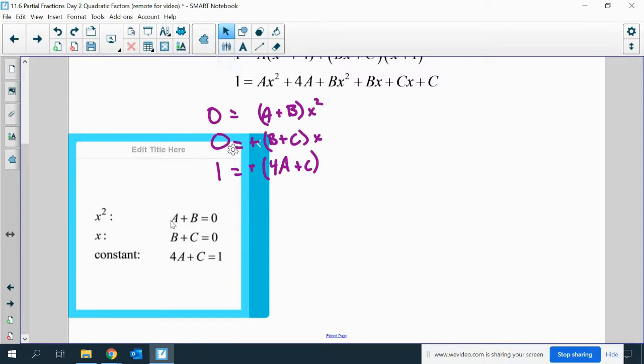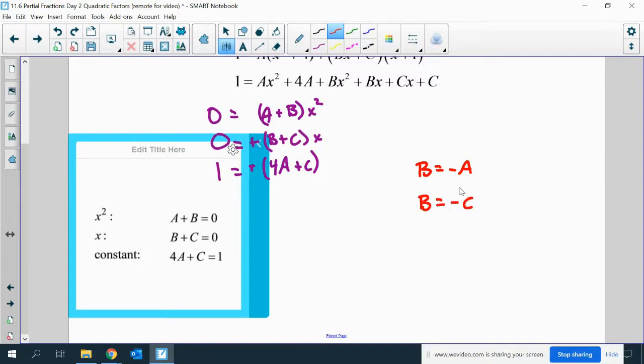And so now what we can do is look at each of these individually and figure out what we would do. So if a plus b equals 0, that means b equals negative a. And if b plus c equals 0, that means b equals negative c. So I can just simplify those things.